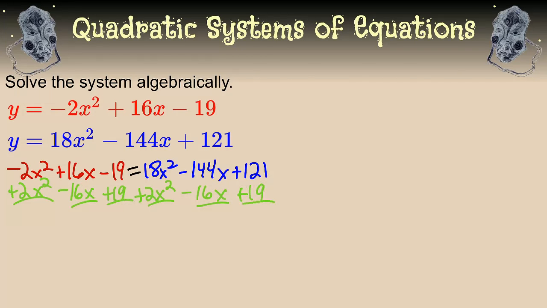And I can do that all at once. If you'd like to take multiple steps to do that, that's perfectly okay. If you want to do it all at once, that's perfectly okay as well. So we have 0 is equal to 20x squared minus 160x plus 140.